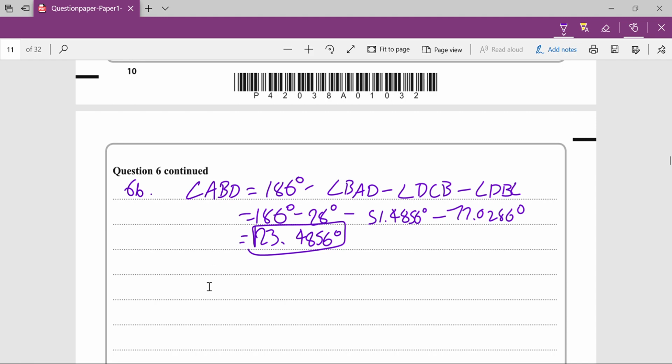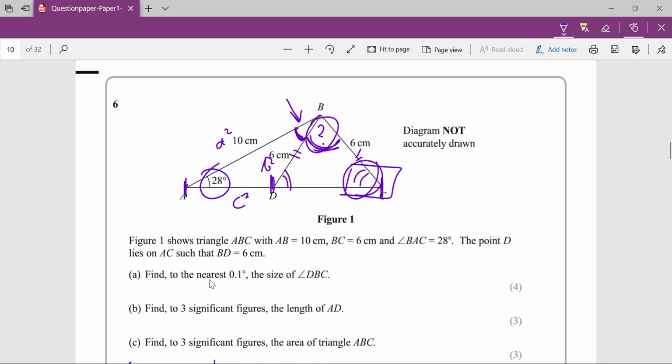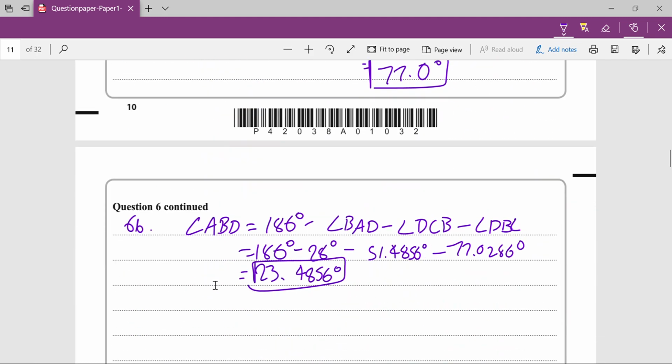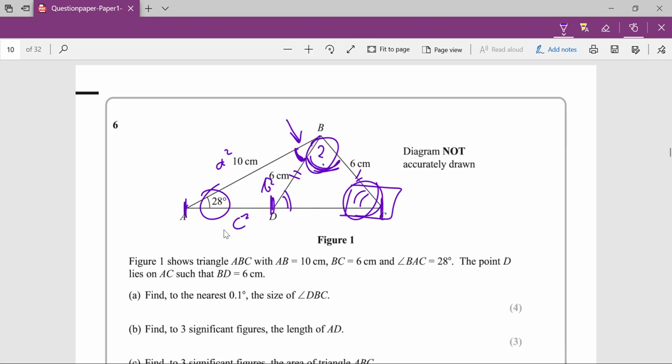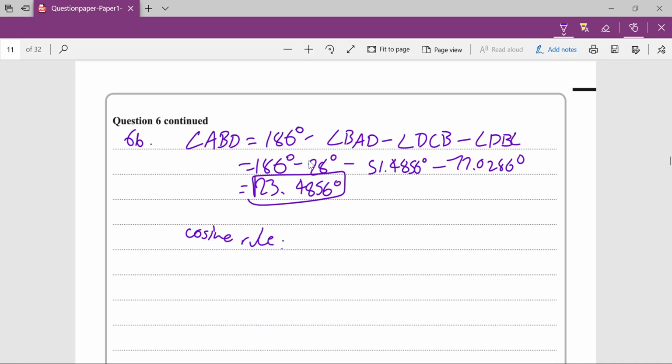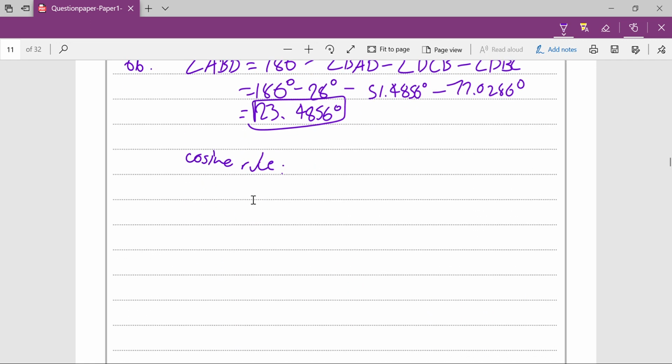So at this next point we want to find our distance AD. So using the cosine rule, AD squared is going to be DB squared plus AB squared minus 2 AB DB cos 23 point something degrees. We write this all out to let the examiner know that we have applied the formula.